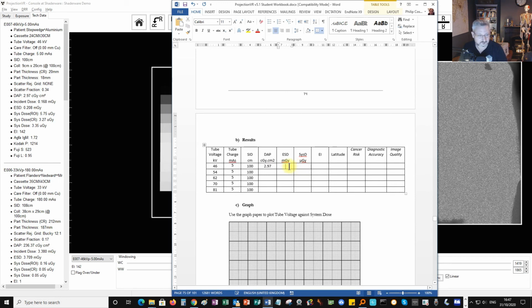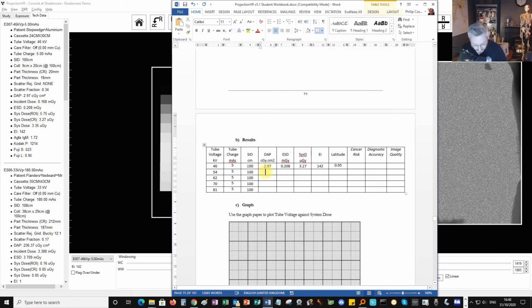The entrance surface dose was 0.208. The system dose was 3.27. The exposure index, 142. Okay. And the latitude is 0.95.